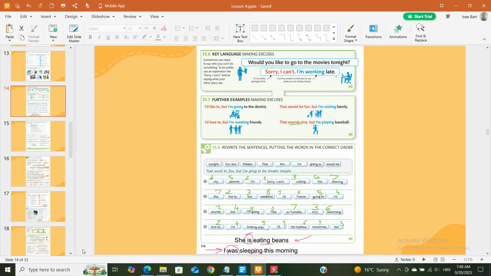35.8 Rewrite the sentences, putting the words in the correct order. Tonight, fun, but, theater, that, I'm going to, would be. That would be fun, but I'm going to the theater tonight. For my parents, I'm sorry, I can't. Visiting this evening. I'd like to, but weekend.